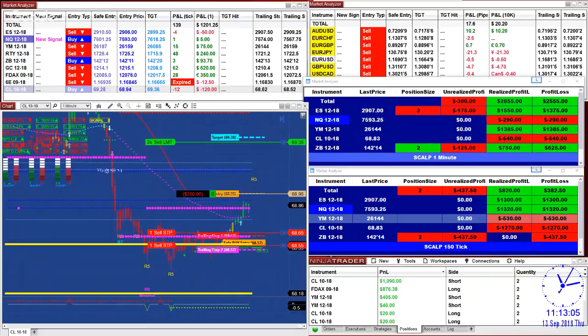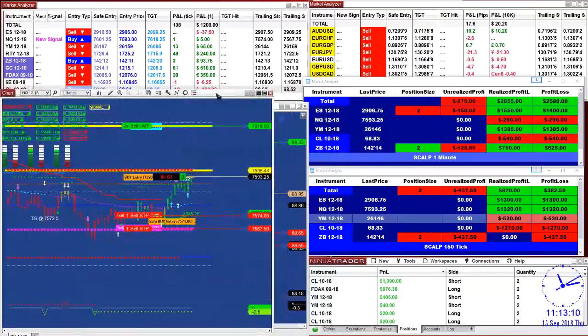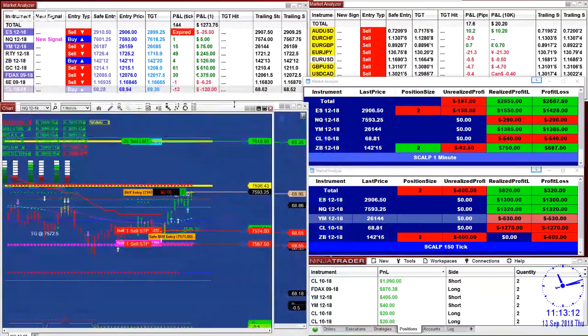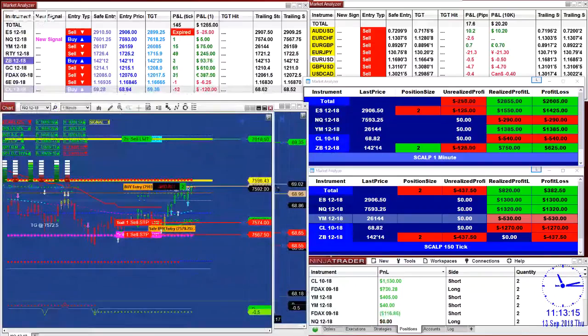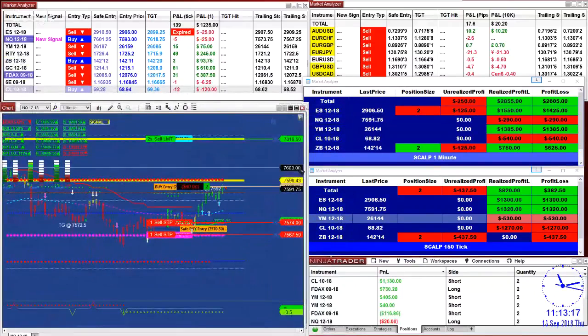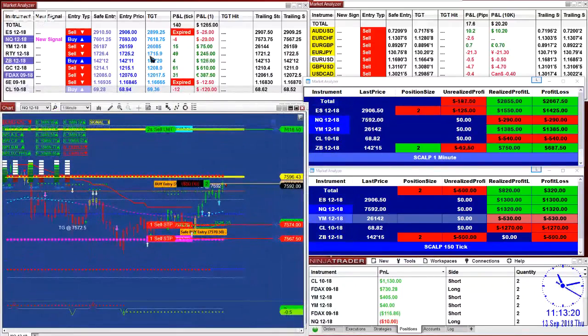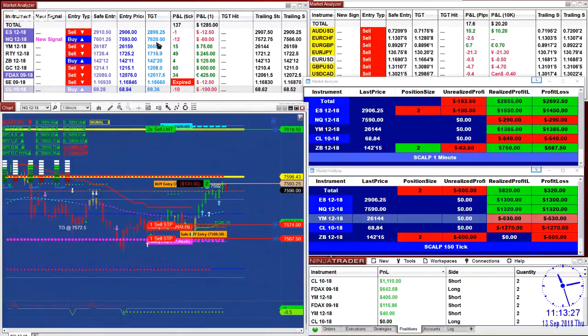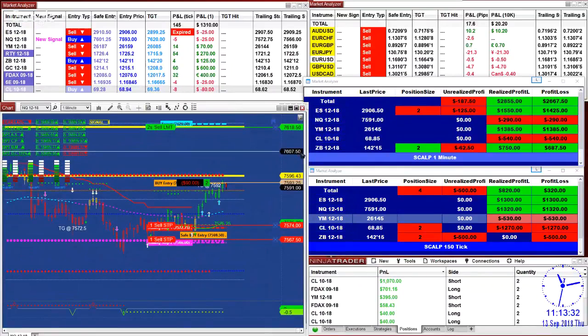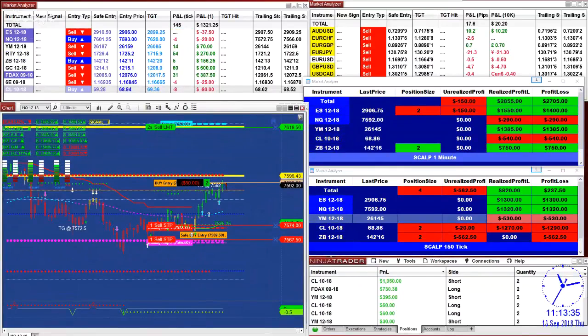Okay, we have a new signal, Nasdaq. On the new signal, Nasdaq is an entry 93, target 7620. And we should have one on the YM very soon.